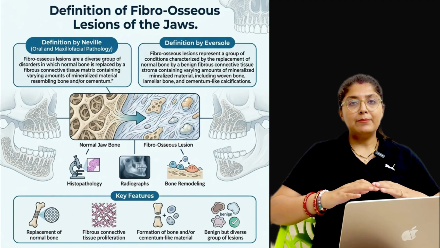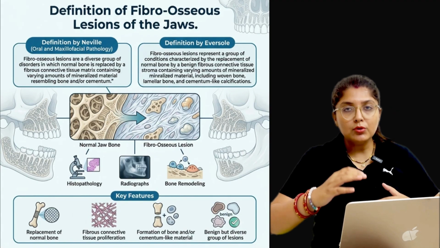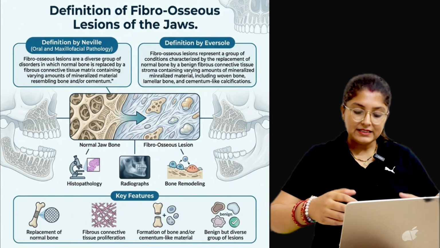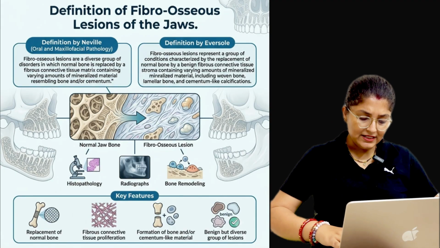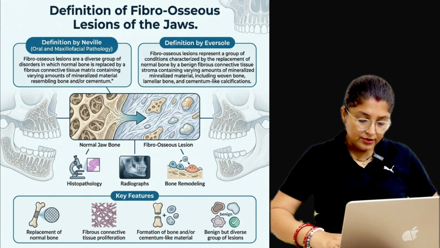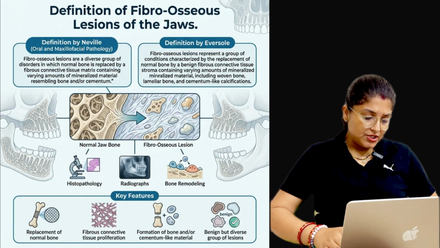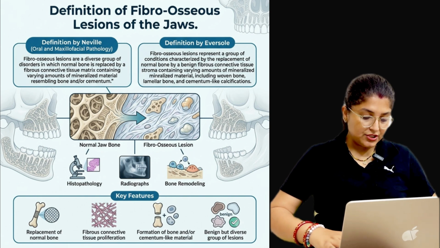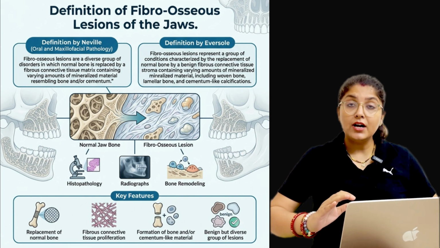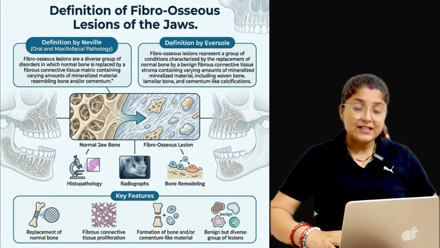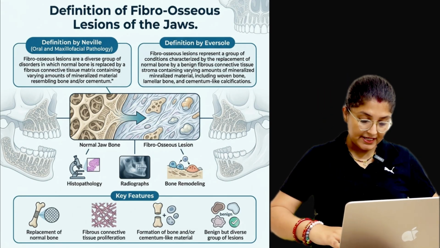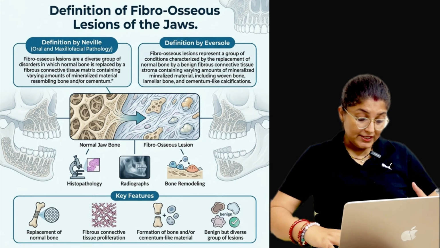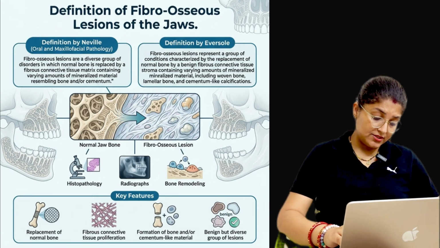So basically what happens is, the normal bone will be replaced by the fibrous tissue with or without calcification. Fine. Now according to Eversole, fibro-osseous lesions refer to a collection of non-neoplastic intraosseous lesions that replace normal bone and consist of cellular fibrous connective tissue within which non-functional osseous structures form.